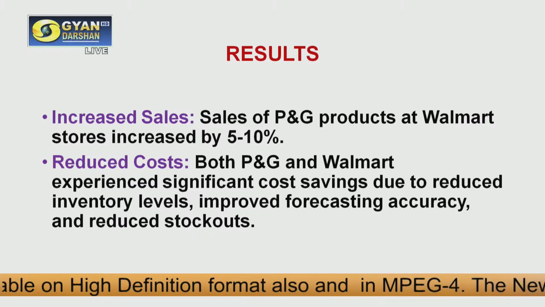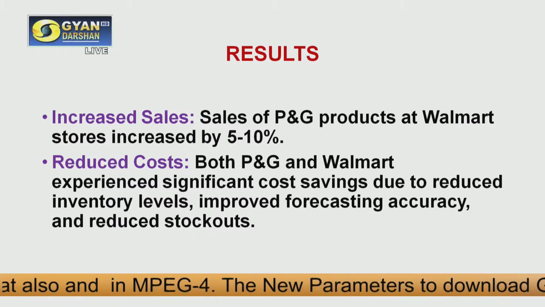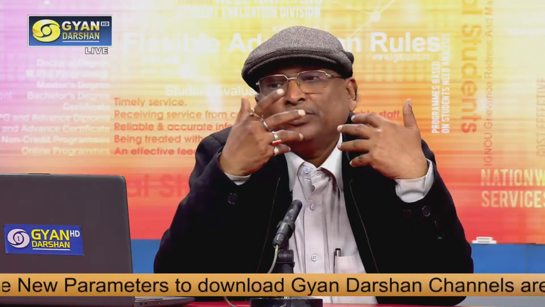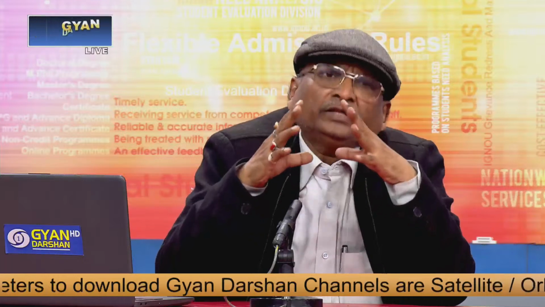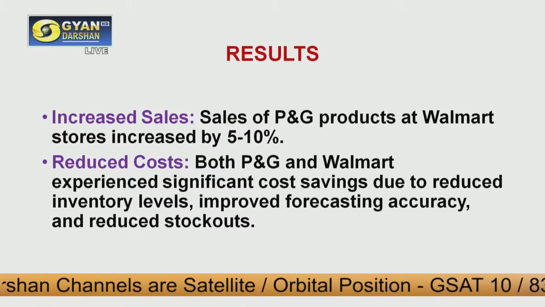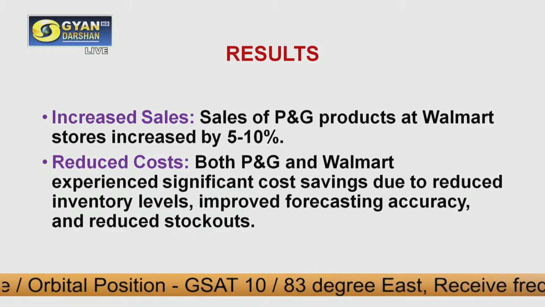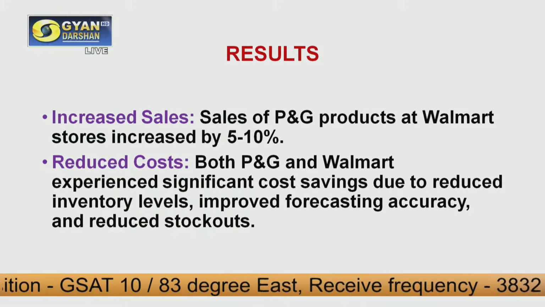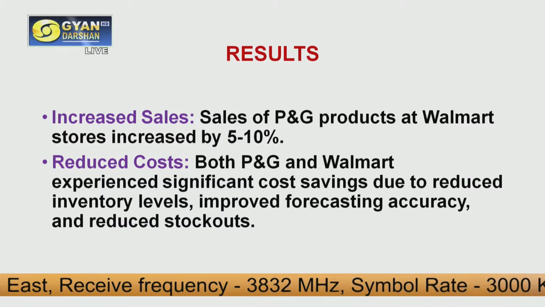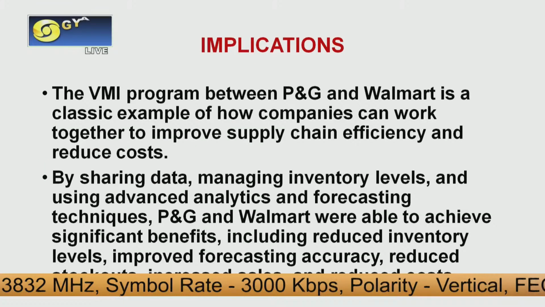Don't underestimate 5 to 10%, because it is in millions or billions of dollars. So if it is 5 to 10%, it is a huge amount. Another important result is the reduction in cost. There was a significant reduction in cost because there was a reduction in the inventory level, an improvement in the forecasting accuracy, as well as a reduction in the stock out condition.